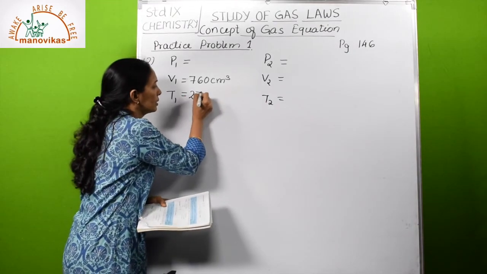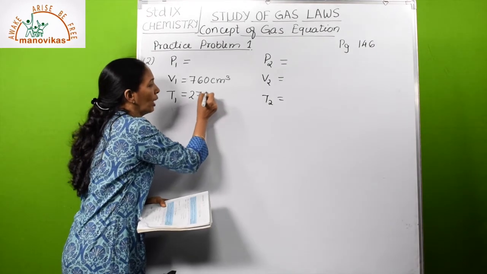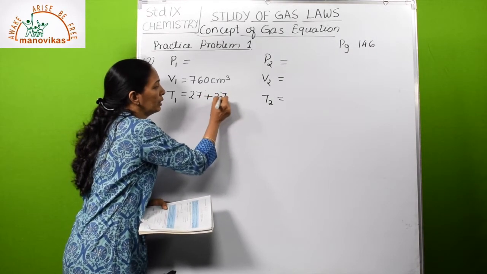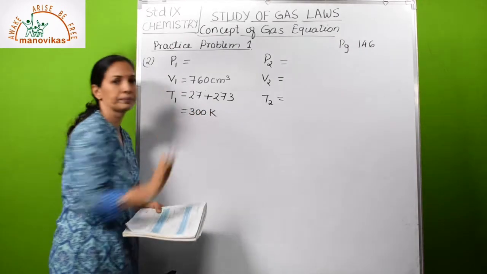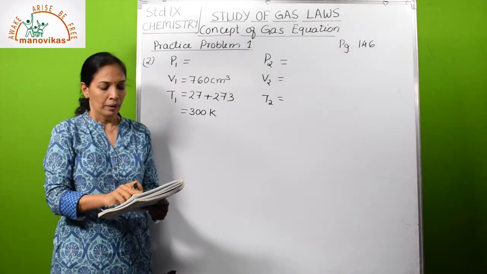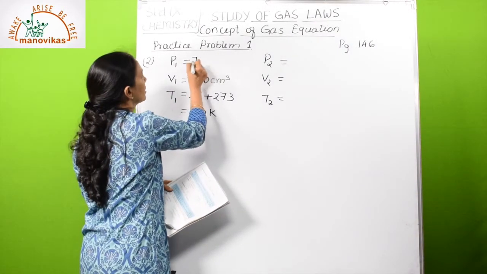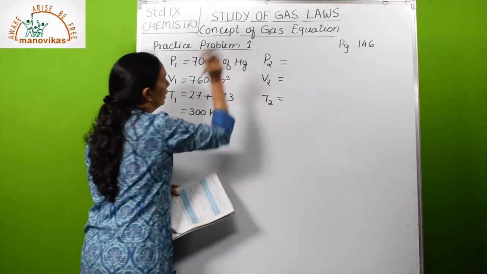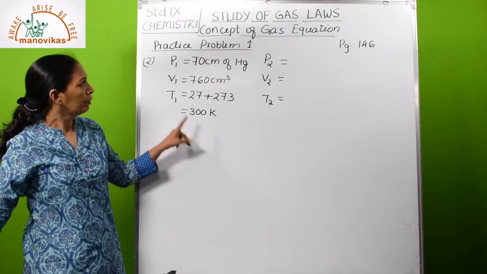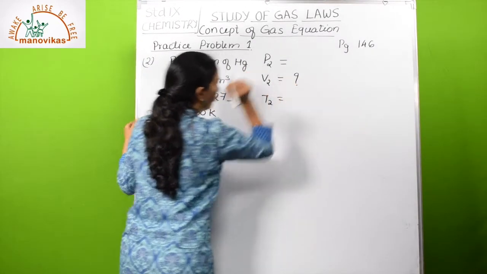So 27 is the value given, which you have to add to 273 and you will get 300 K. And the pressure is 70 centimeter of mercury. These are the given values. Now here, what is unknown? The final volume you have to find.